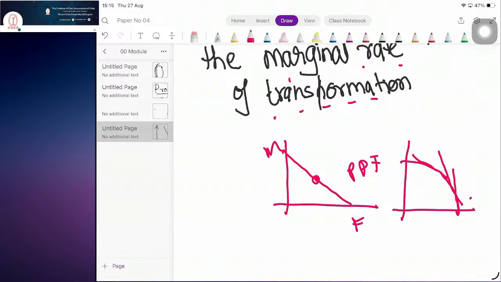Okay. Second point. Somebody in the second bench, read. Are possible combinations. Yes. Next. The points beyond the PPC curve are impossible combinations. Correct. We have seen that. Next.